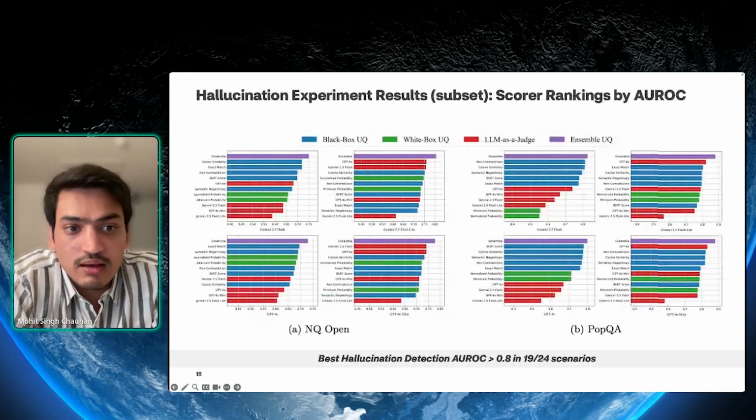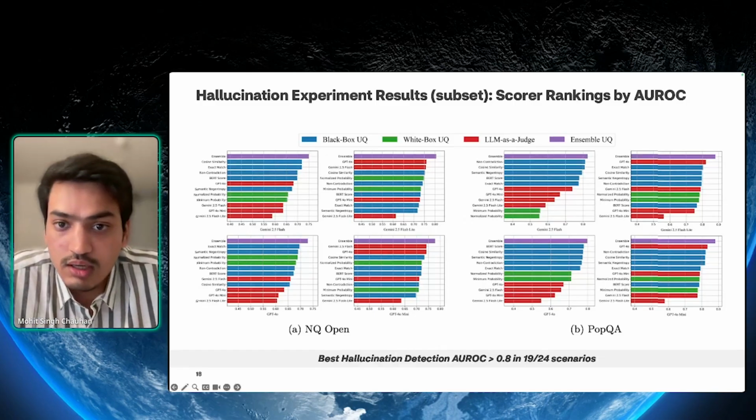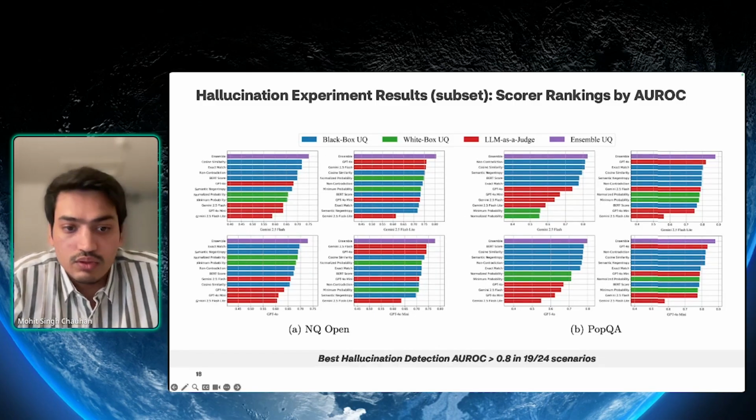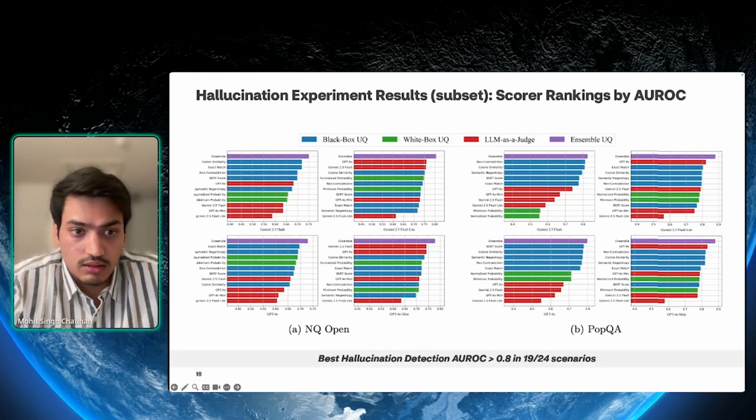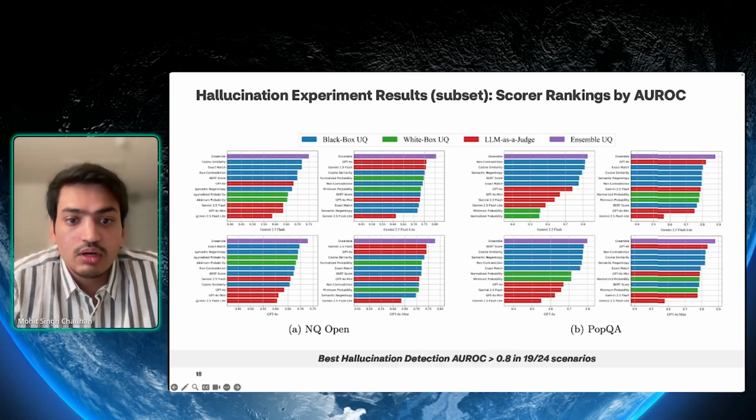Next slide, Dylan. And in order to answer the second question, we looked into the AUROC score. Here you can again see the ranking of different individual scores and the ensemble score based on the AUROC score.